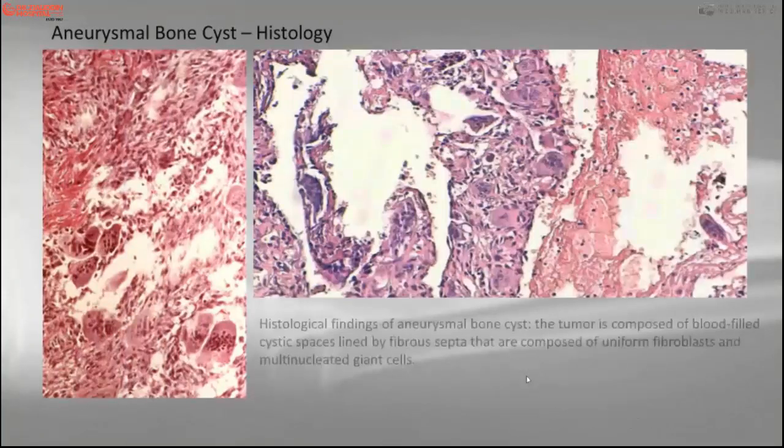This is the typical appearance of aneurysmal bone cysts with multiple giant cells and uniform fibroblasts.